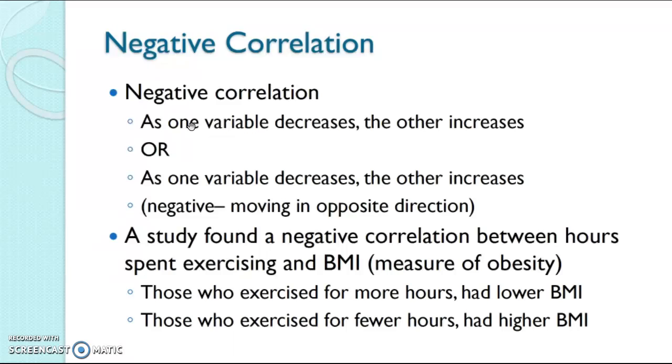So let's say a study found a negative correlation between hours spent exercising and BMI. BMI is a measure of obesity. So a negative correlation means that those who exercise for more hours had a lower BMI. Those who exercise for fewer hours had a higher BMI. I like to think of it sometimes as an arrow. Negative correlation is one arrow goes up, one arrow goes down.